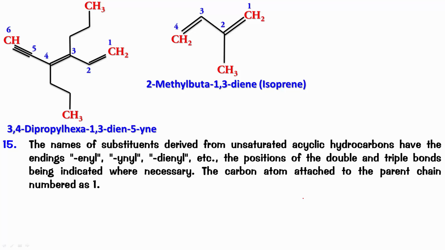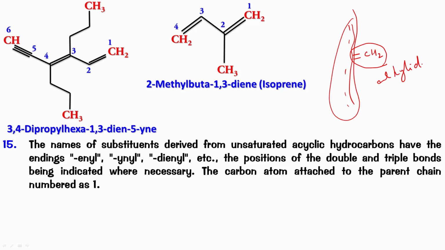And if the side chain is attached to the parent chain with a double bond, now let's assume this is a parent chain. Suppose you have a side chain attached like this, and assume there are a lot of double and triple bonds here, and therefore you have to consider this as the parent. So this particular side chain, this particular branching would be called alkylidene.